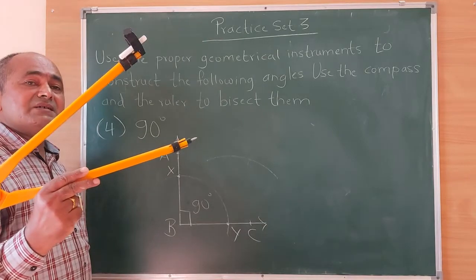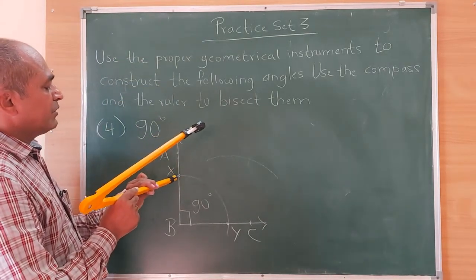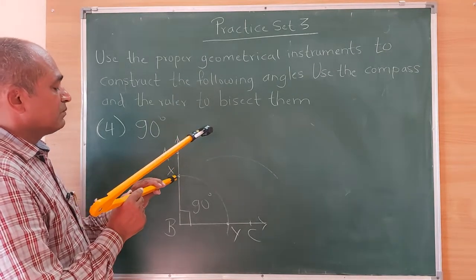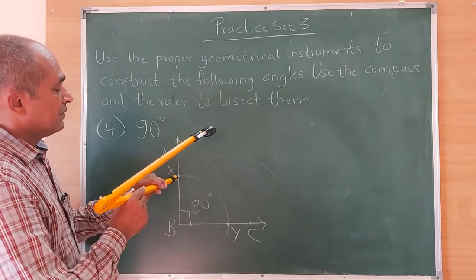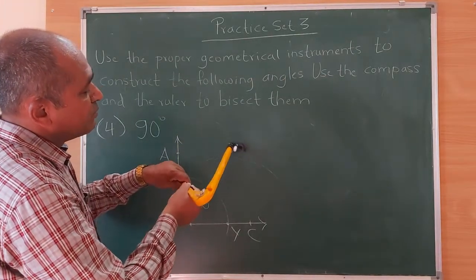Keeping the distance the same, not to change the distance now, put the point of the compass on the next intersection point and draw one more arc to cut this previous arc.